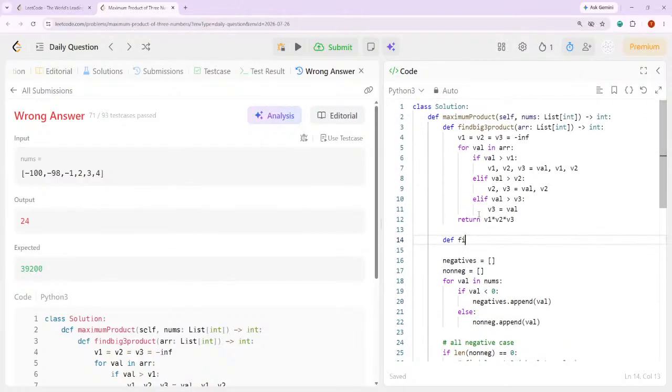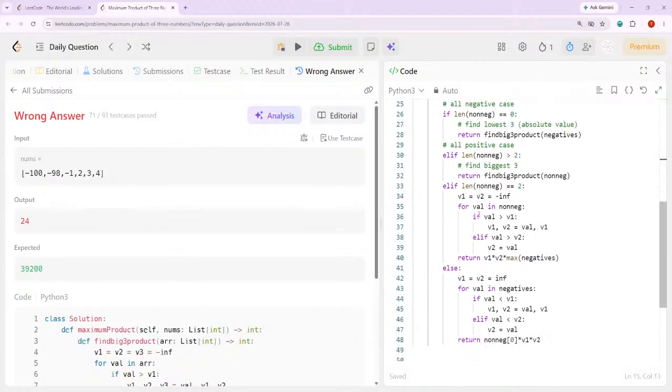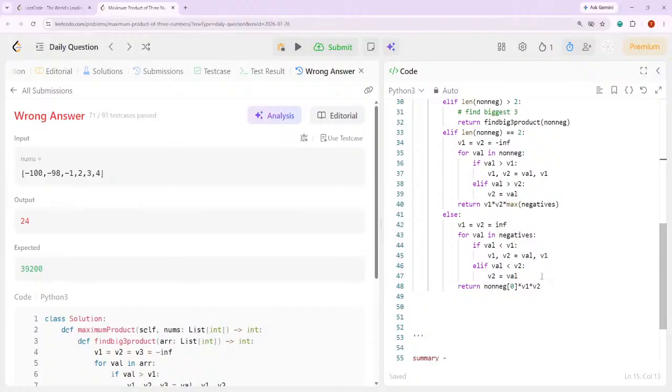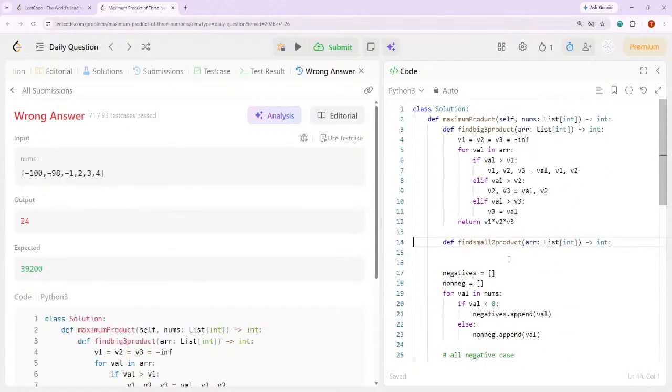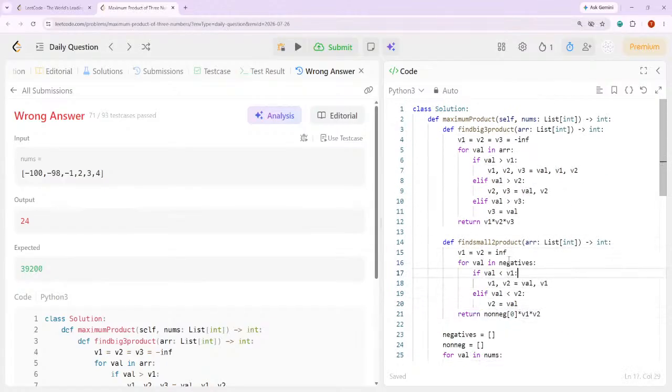Define find small two product, array, list of integers. And here I'm using the array passed in and returning just the product of the two values that are the smallest.